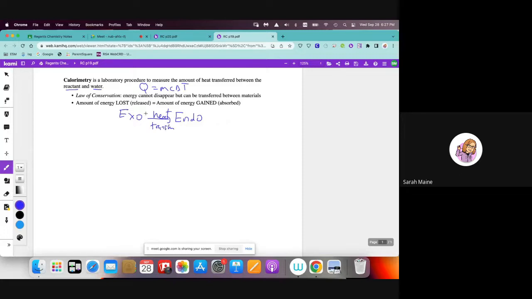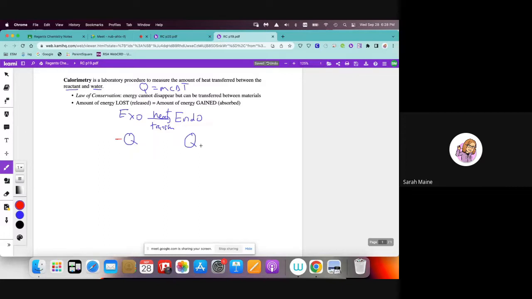So here we go. If it's an exo process, the amount of heat it actually releases, we can quantify as Q, as in our Q equals MC delta T. The material that absorbs the energy, the amount of energy it absorbs, we can also quantify as Q. The difference between these two numbers is their sign. So a material that is releasing heat, we deduct it from its total energy that's stored.